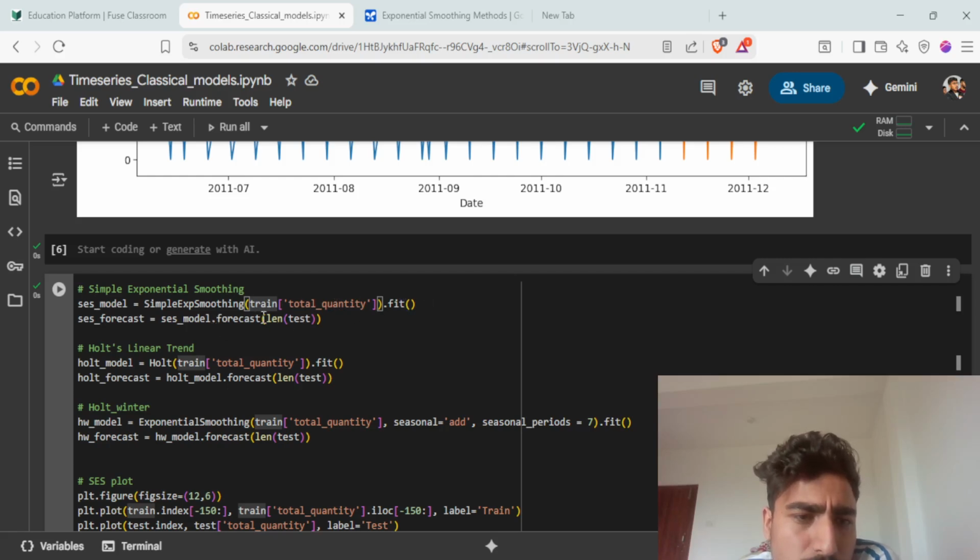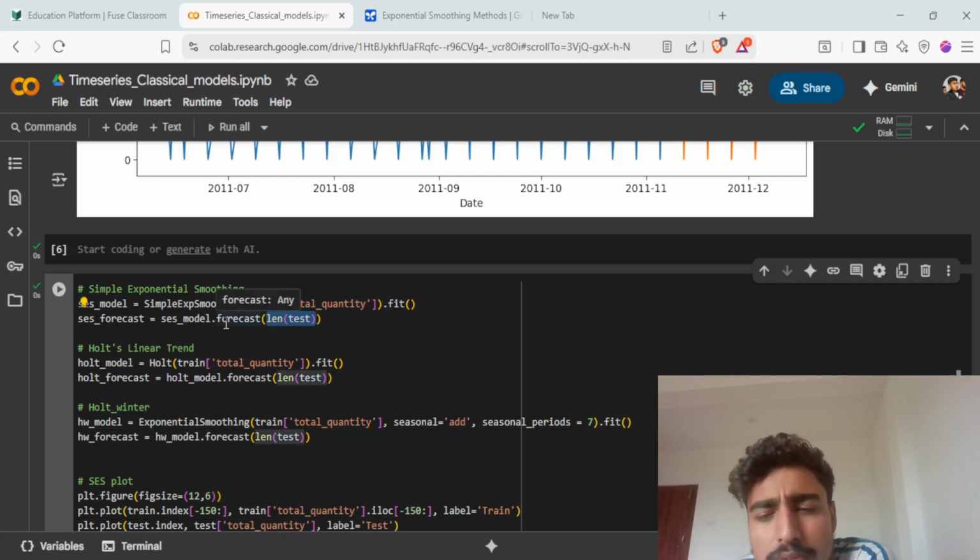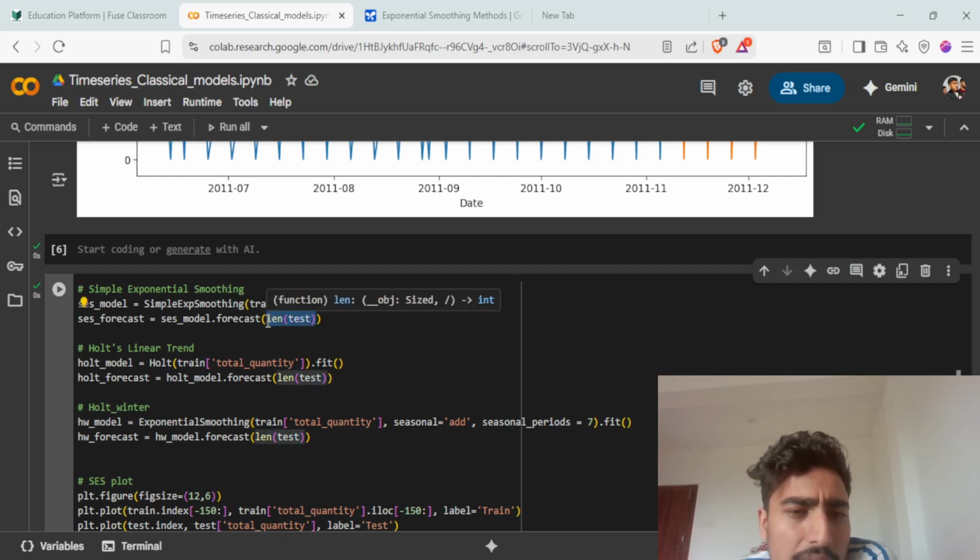The logic behind this line is why we used the length of the test: it sets how much forecast we want, how long we will be forecasting. As long as the test set goes, we continue forecasting. That's the major logic behind it.